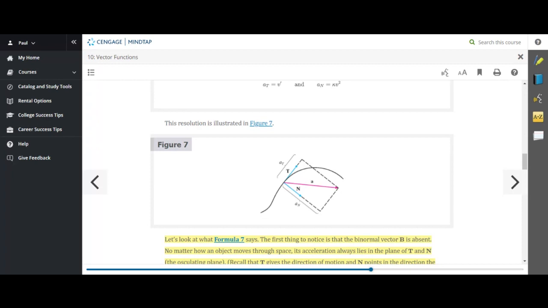That normal vector has a bigger influence on the acceleration vector when you are moving faster around a curve. Your body hits the door, but really what's happening is the car, the acceleration vector, is moving inward, and that's why you're getting hit against the door.